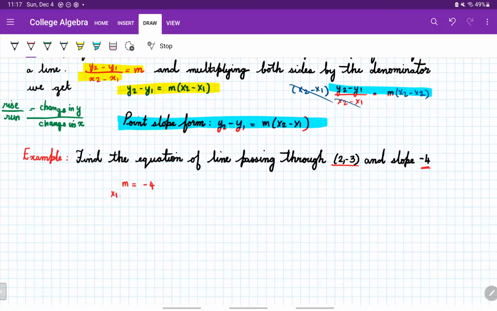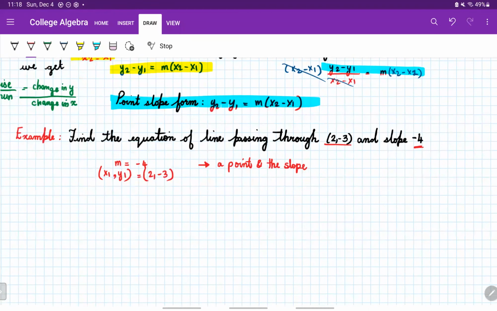So we are given a point and the slope. If you've watched the previous videos in this series, you know that to get an equation of the line, a point and the slope is enough.